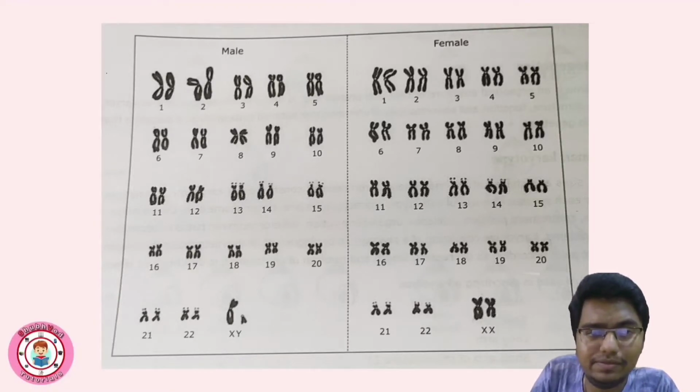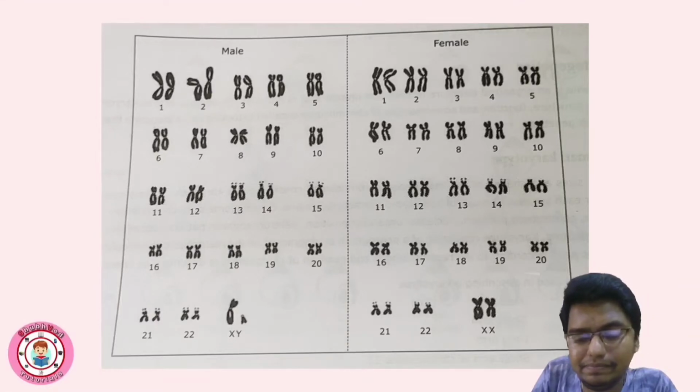Now, in males, sex chromosomes are X and Y. In females, the sex chromosomes are 2X. So how will we present it? For males, 46XY.